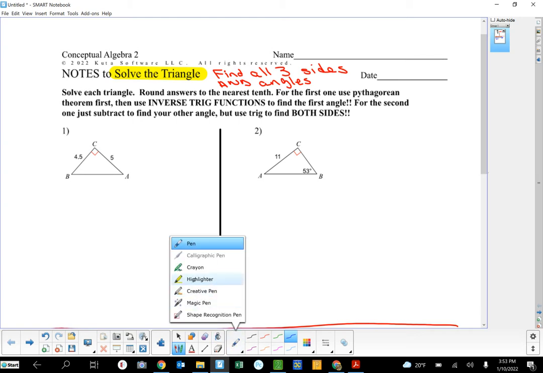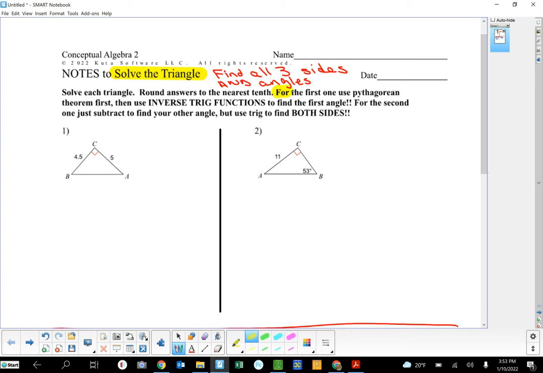For the first one, use the Pythagorean theorem first because we have two sides and we have to find the other one. And then use the inverse trig function. All right, so let's start with this guy. I'm going to list out my A, my B, and my C. Those are angles, and the only one right now that I know is the 90.